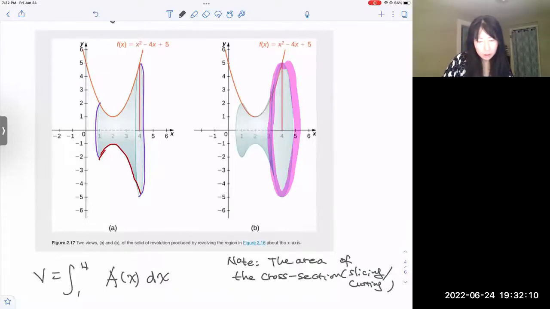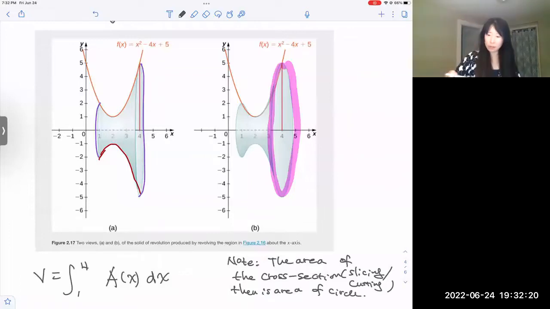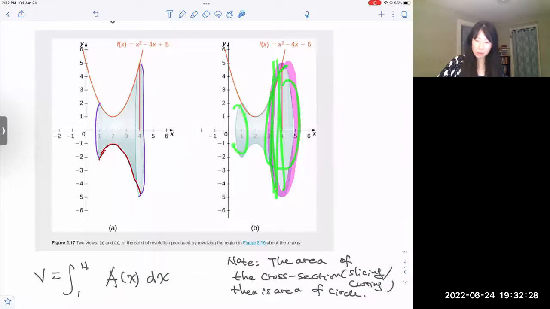Then it is the area of a circle. They cut in there, right? Here is the circle. Here is the circle, and this side too, right? Okay. Now, let's move on.